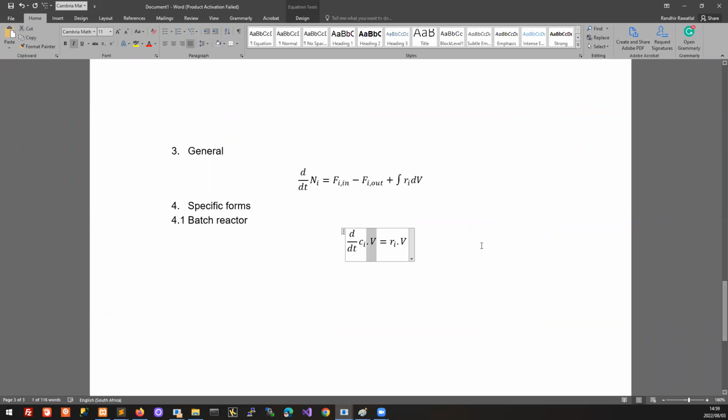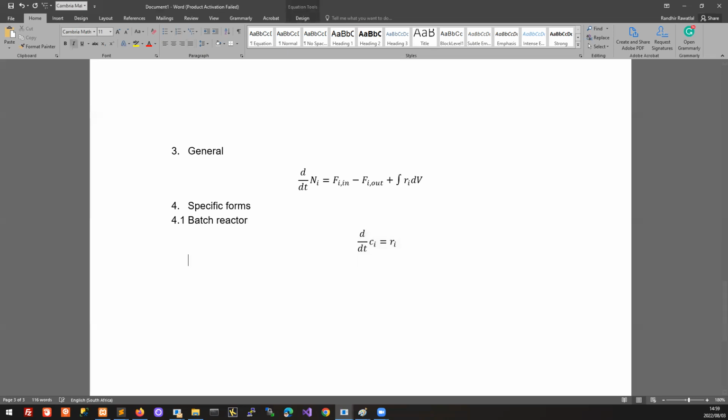This volume is not really changing with time, so we can regard it as a constant out here. And then the volumes can cancel on both sides, leaving us with this equation. And then again, it would be nice to rewrite this in terms of conversions and initial amounts and all that.